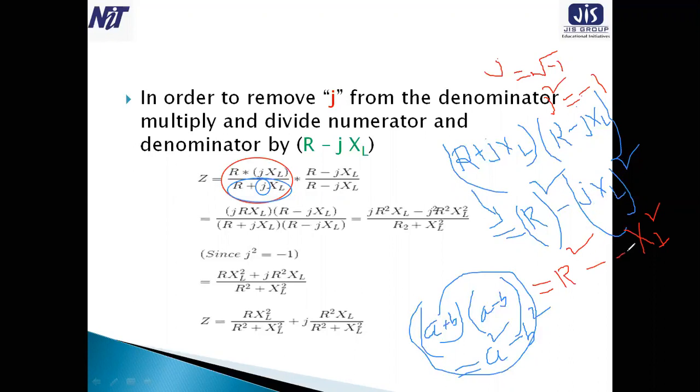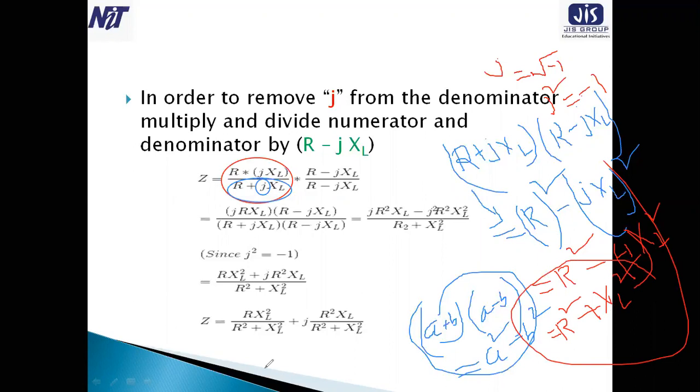So minus 1 into XL square, so R square plus XL square. In this way, we can find this value, since j square equals minus 1.